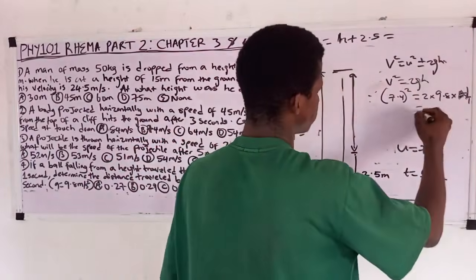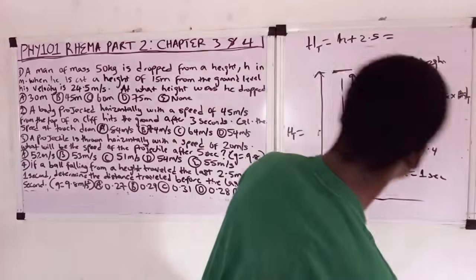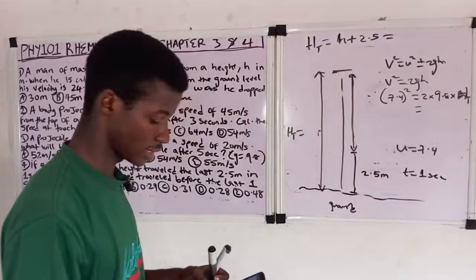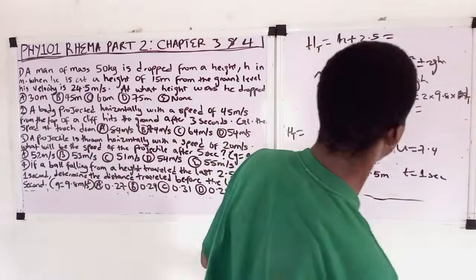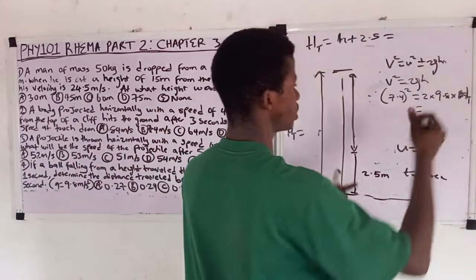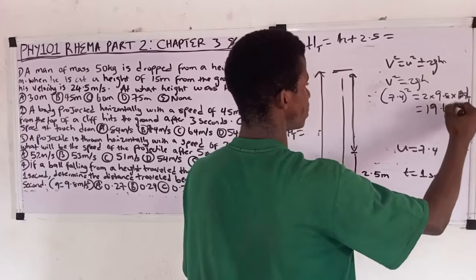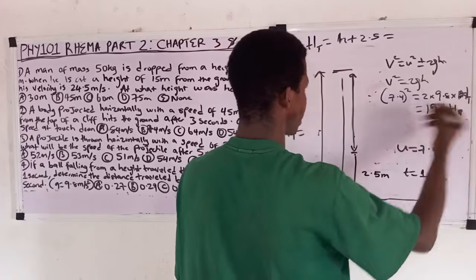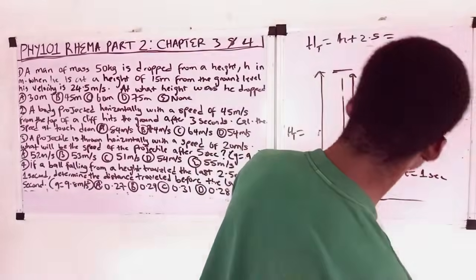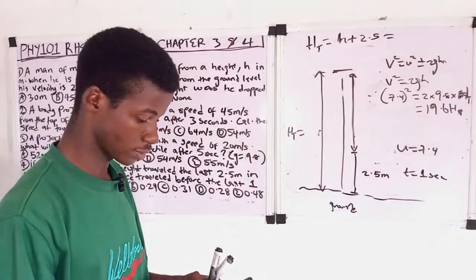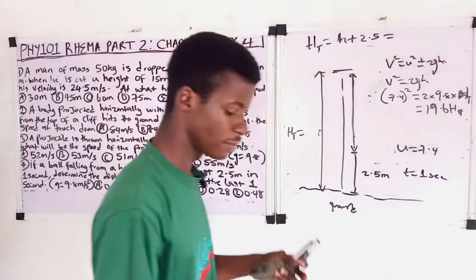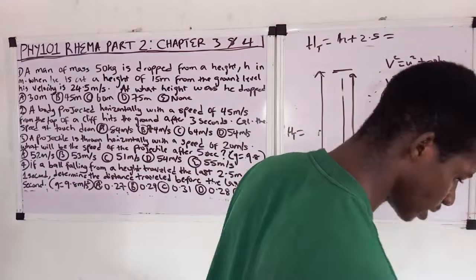So 19.6 times h will give us 19.6 h total. Then let's take the square of 7.4. The square of 7.4 is 54.76.